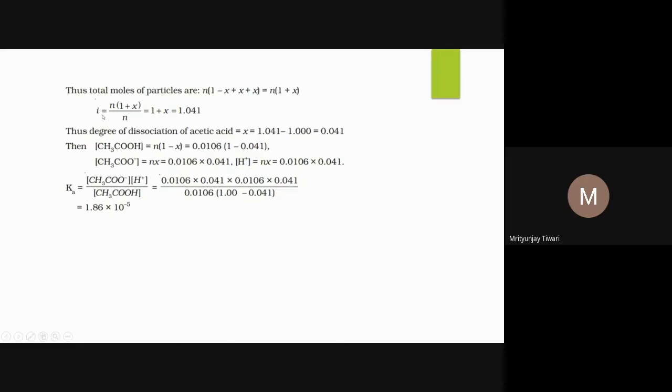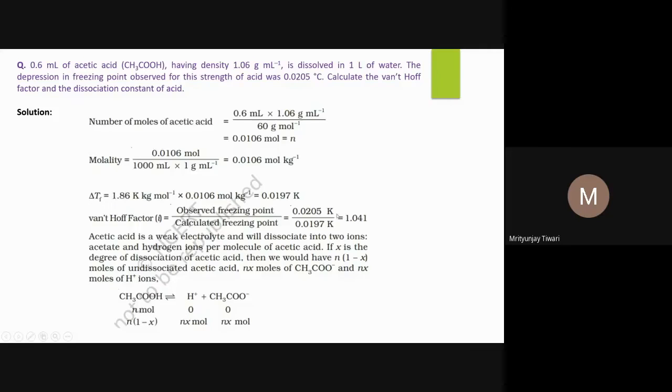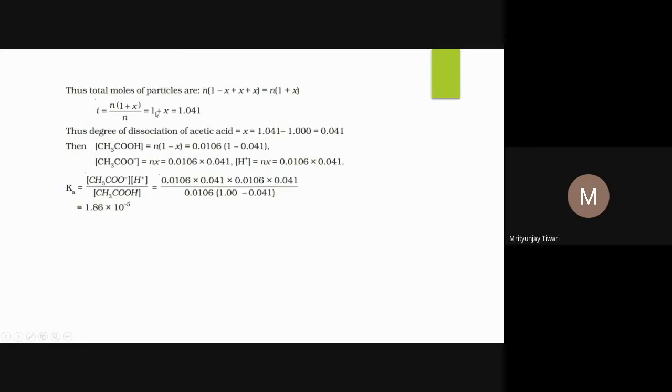Now again we can calculate i. The formula is the number of particles theoretically calculated divided by the actual number of particles n. So n into 1 plus x divided by n gives i equal to 1 plus x, which we obtained here as 1.04.